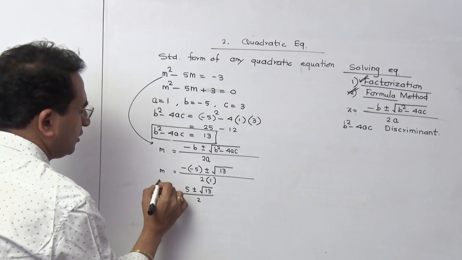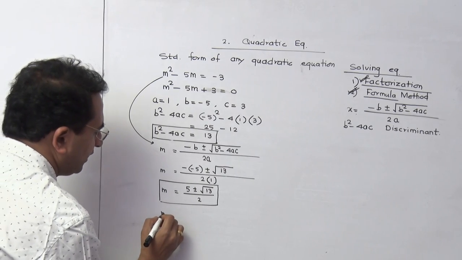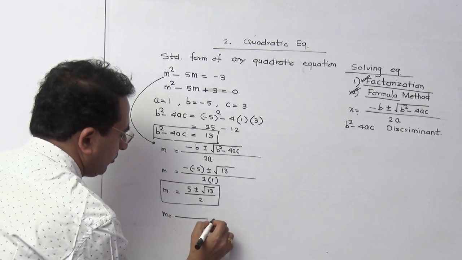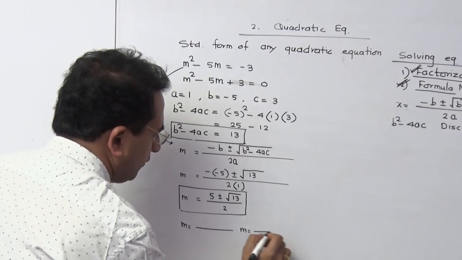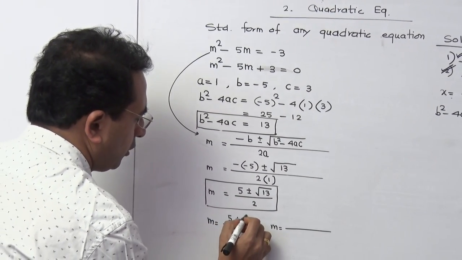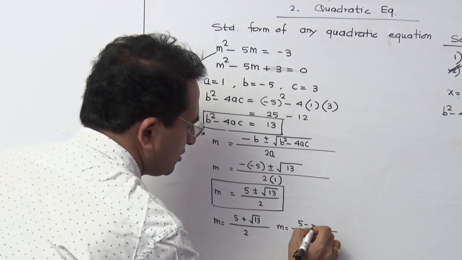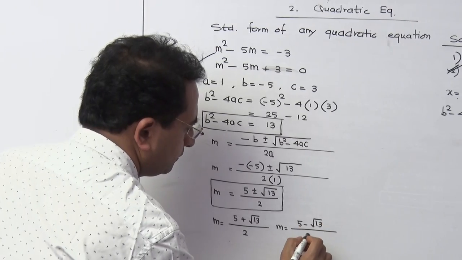Now this is the final answer. This is how we have to write the final answer, as expected in the exam, where the m value is either 5 plus root 13 upon 2 or 5 minus root 13 upon 2.